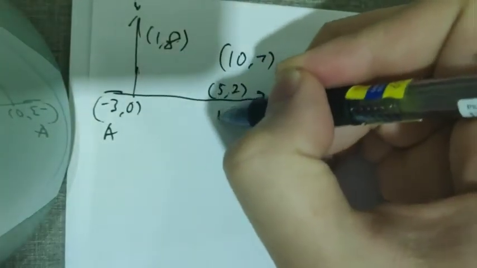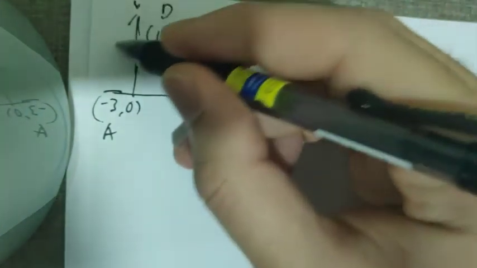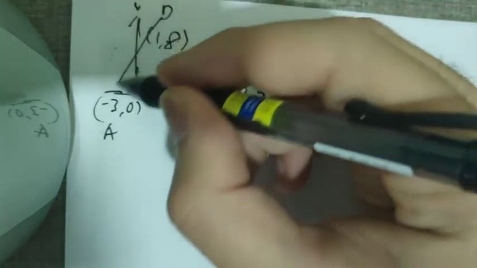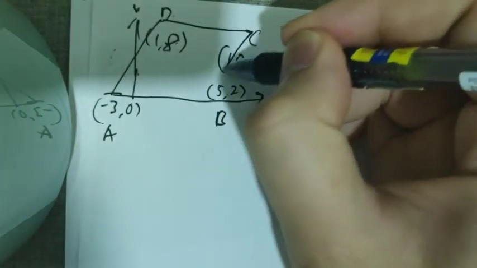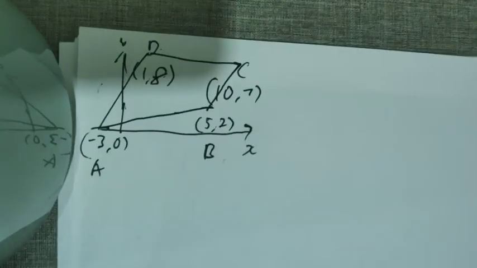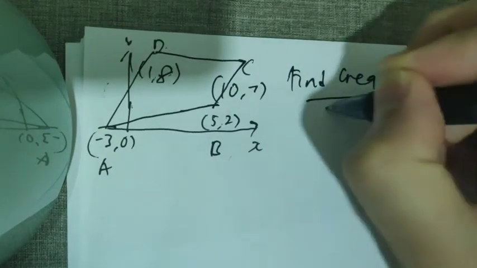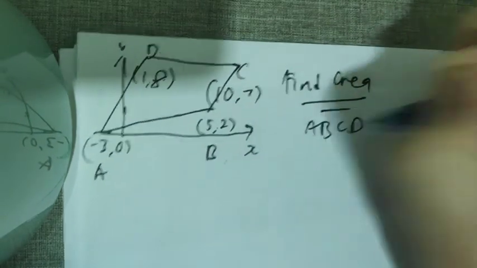Let's say this is A, this is B, this is C, this is D. Then I join all of it together. Something like that, okay? The exam question will give you something like that. So they ask you, find the area of quadrilateral ABCD.